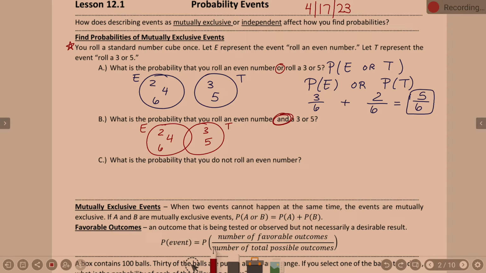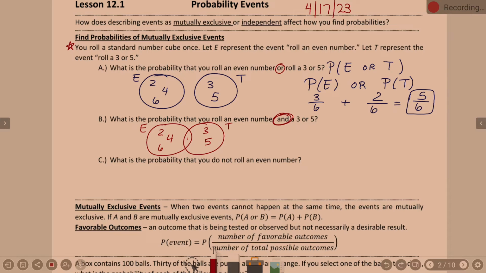Are there any that I can put in that middle overlapping section? No. So what's the probability of an even number and a 3 or a 5? 0. Because where is the and section going to be? It's going to be in the middle, that overlap. But none of these overlap. So in this case, it is just going to be a 0.